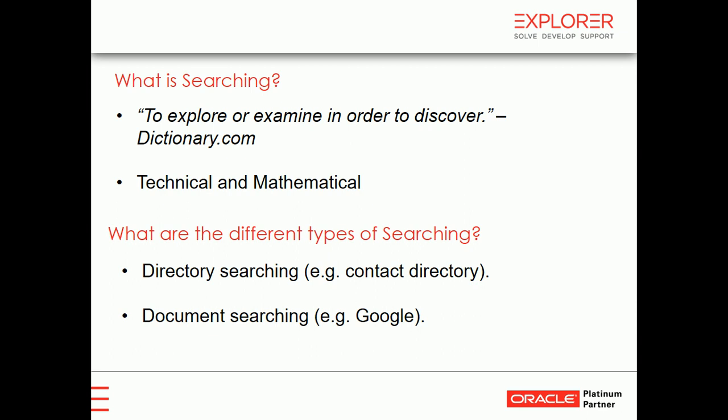What are the different types of searching that are available? There is directory searching, which is something like a contact management system or phone book type searching. And you also have document searching, of which Google is a good example because every web page built on HTML is of course a type of document.